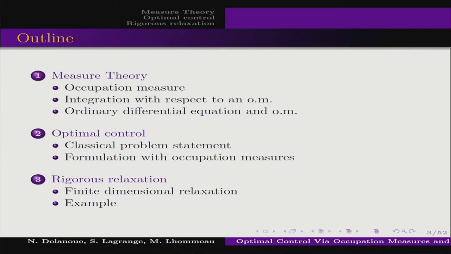This is a bit theoretical, but this is not my main result, because this is something which is already known by the community of control theory. And then at the end of the talk, I'm going to show you how it is possible to relax rigorously this linear problem into a finite dimensional one. And I'm going to conclude with an example.